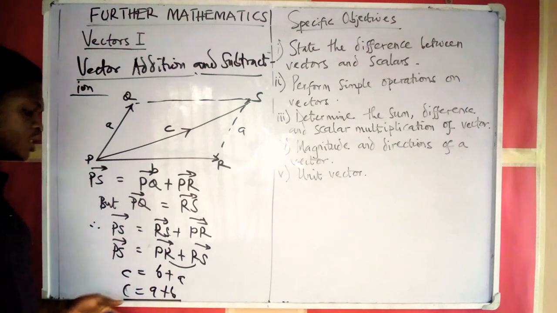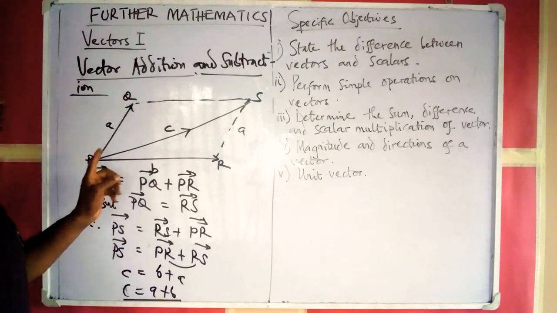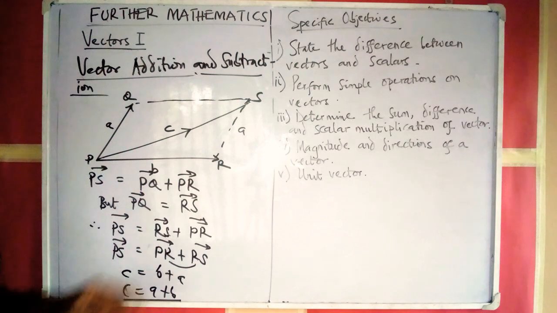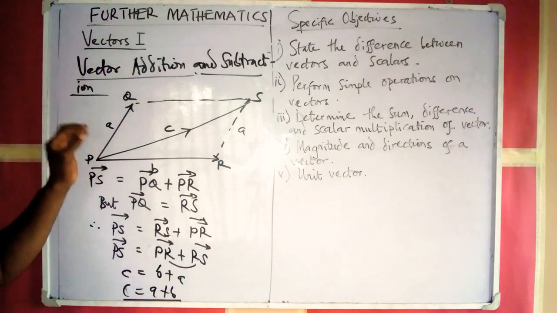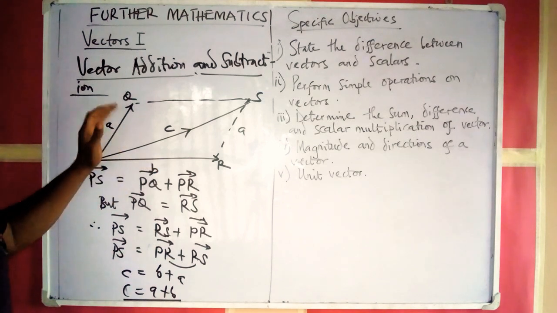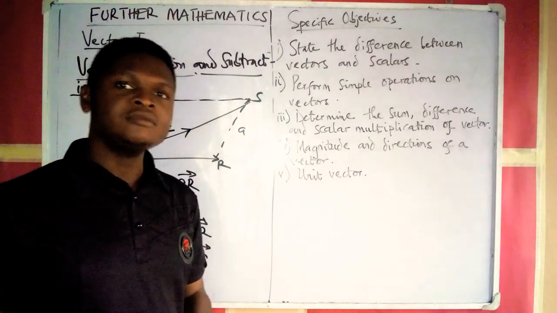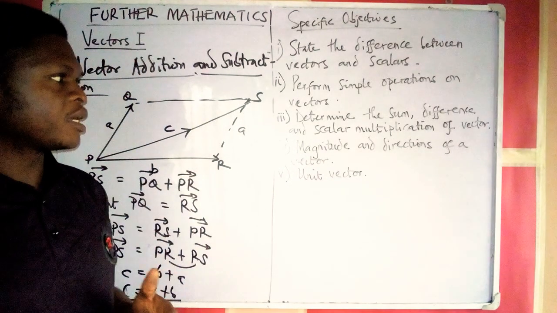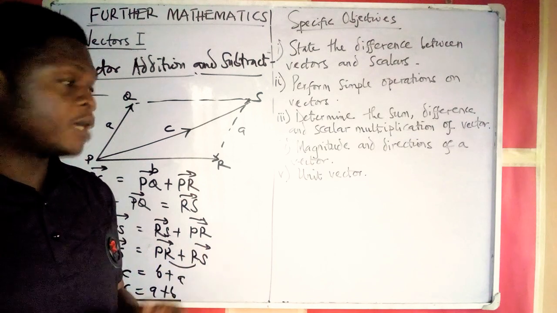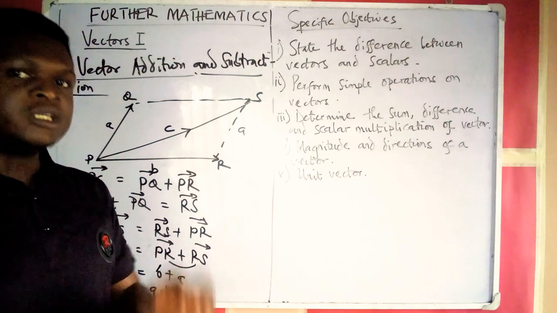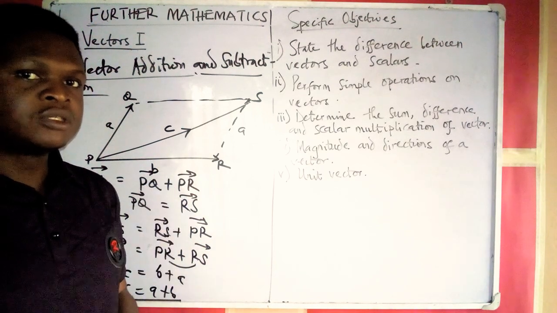B. So this is telling us that the diagonal of the parallelogram is the resultant of two vectors when those two vectors are represented as adjacent sides of that same parallelogram, which is taken to be the parallelogram law of what? Vectors.